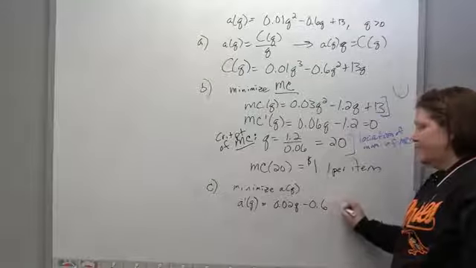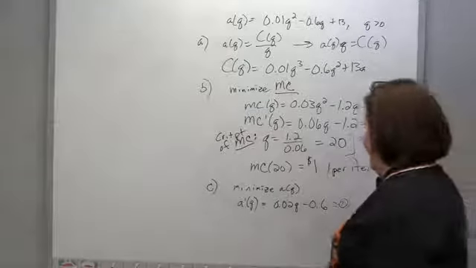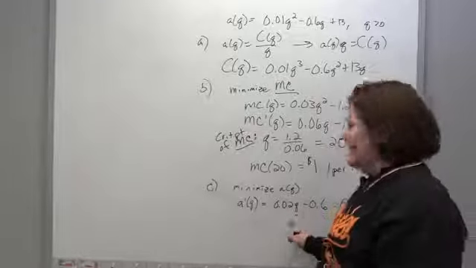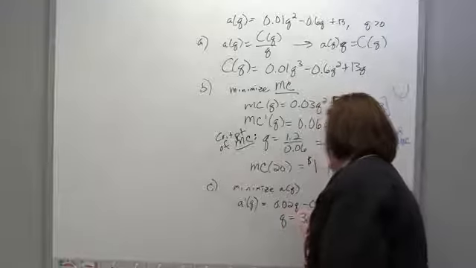And we're going to set that equal to 0 to find our critical points. In this case, I'm not going to show the algebra, but we get Q equals 30.